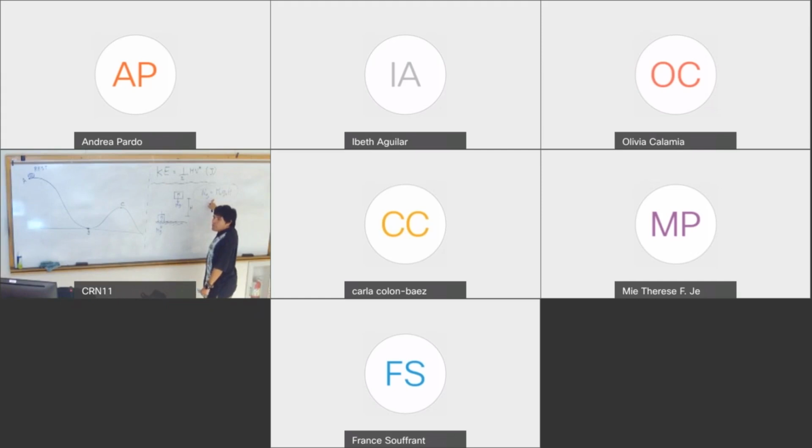That's the equation for potential energy, the gravitational potential energy. I don't like to call it like that, and many textbooks don't, because you can get confused with the gravitational potential energy of planets, which has another equation.